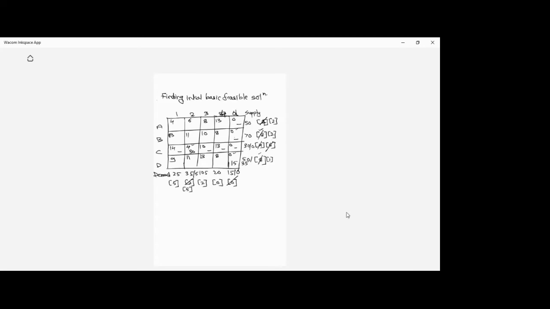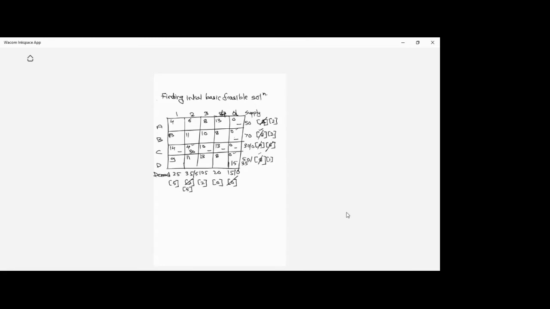For the rows now, for the first row, we have the penalty as 6 minus 4, that is 2, right? Nextly, we have 10 minus 8, that is 2. For the next row, it is already gone, exhausted. For the last row, we have the penalty as 9 minus 8, that is equal to 1.